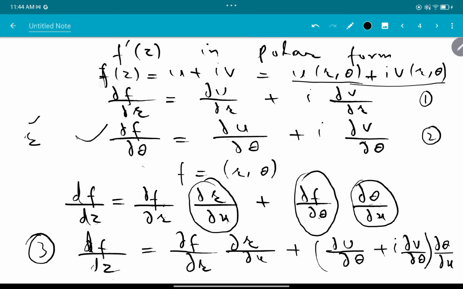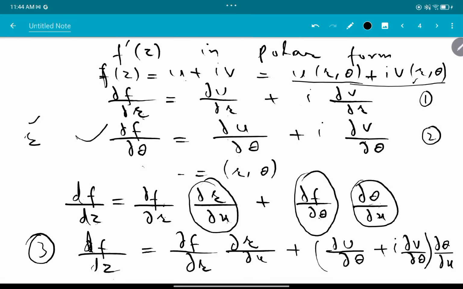That means f of z is equal to u plus iv. We differentiated it with respect to r and got del f by del r is equal to del u by del r plus i del v by del r.